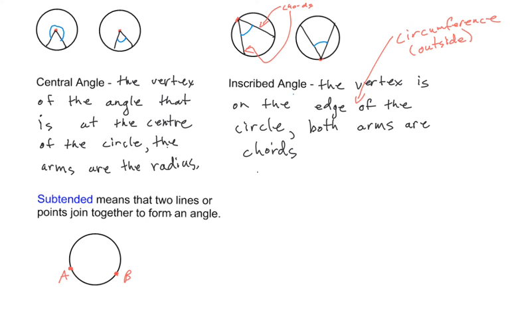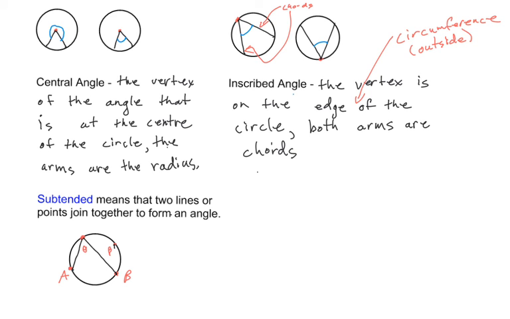So let's draw a point up here, and we'll call this theta, and we will draw an inscribed angle for theta that goes from A to B. We'll also draw another point and call it beta, so it's going to look like that.